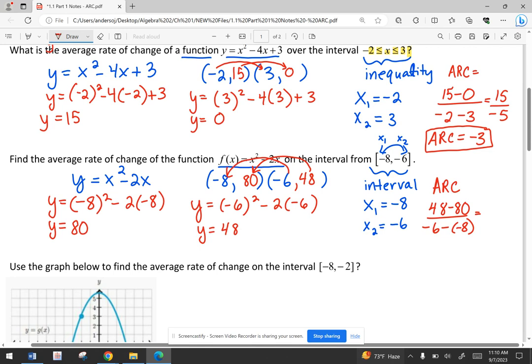It doesn't matter which way you subtract. Again, you could subtract the other way. You could easily say 80 minus 48 and negative 8 minus a negative 6. Either way, we're either going to get negative 32 over a positive 2, or we'll get a positive 32 over a negative 2. Either way, that average rate of change is going to be negative 16.